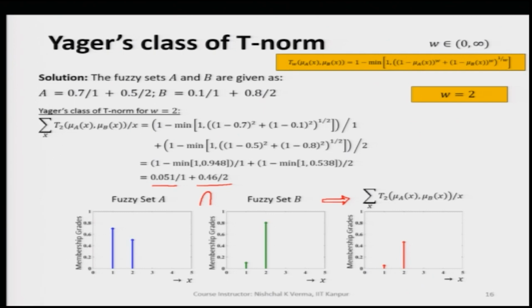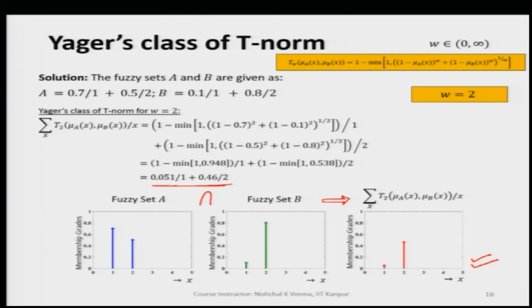The membership value for the first term here is 0.051 for x is equal to 1, and the other term has the membership value as 0.46 at x is equal to 2. So, both the terms have been written here, and this is the resultant of the intersection of fuzzy set A and fuzzy set B. We can clearly see that by increasing the value of W, the membership values are also increasing.